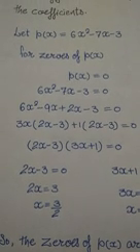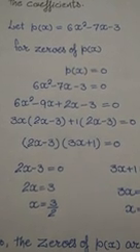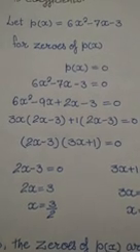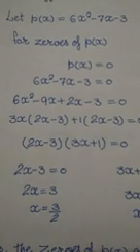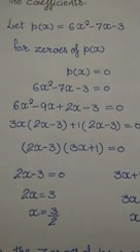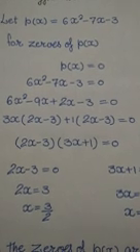In this step, look carefully, we got two identical brackets, 2x minus 3. We take it common, and what remains is 3x plus 1. So we have two factors of p(x): one is 2x minus 3 and second is 3x plus 1.